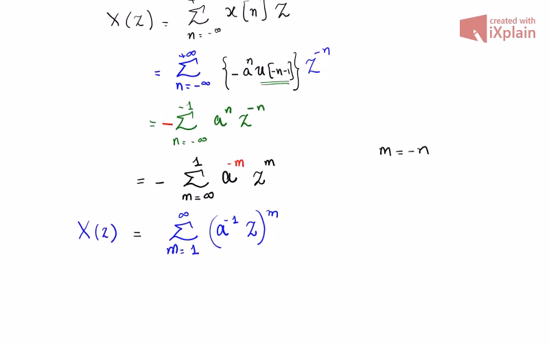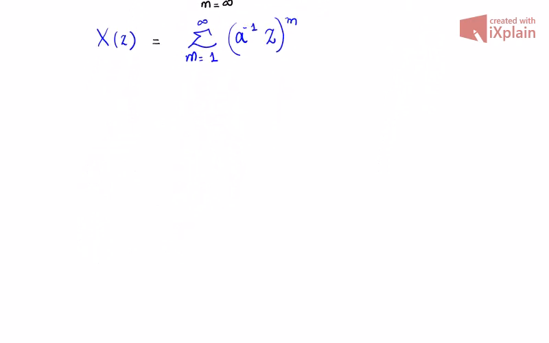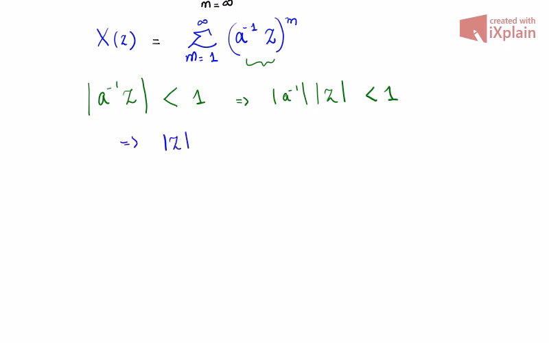Now X of z converges only if the absolute value of a minus 1 z is less than unity. Then the z transform converges, and we can rewrite it: z is less than 1 over a inverse.